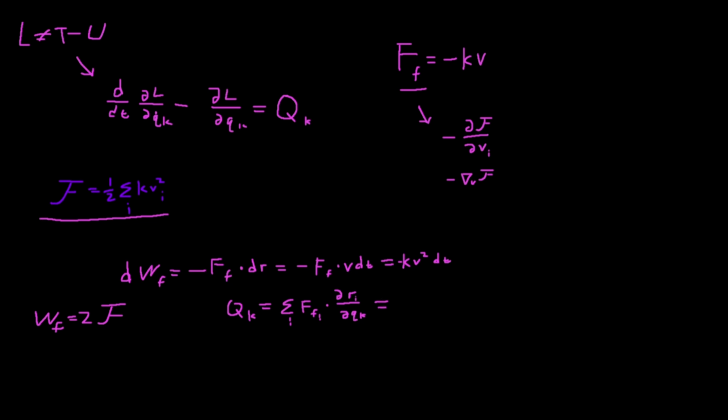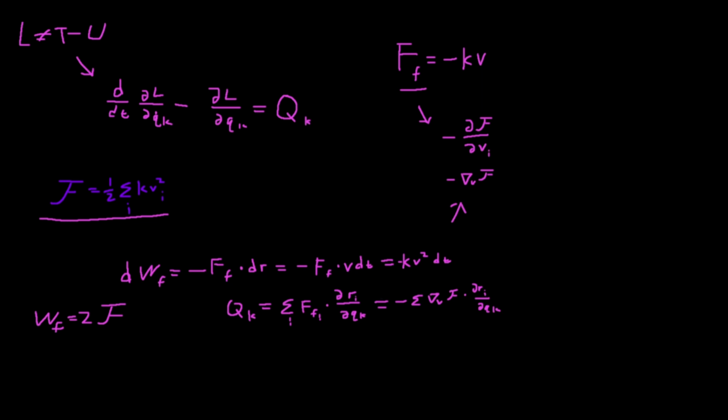And as we saw right here, another way of saying that is minus the sum of the gradient of the dissipation function with respect to v, times partial r i partial q k.